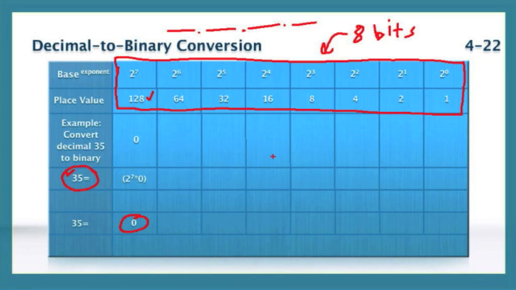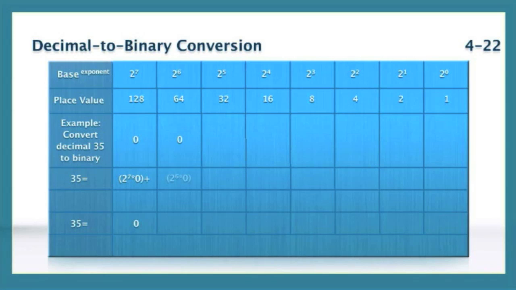That's great. Can we subtract 64 from 35? No. Can we subtract 32? Yes. So notice we have a 1 in this bit position. Can we subtract 16 from the remainder? What's the remainder? Well, 32 from 35 gives us a remainder of 3. Can we subtract 16 from 3? No. So we keep going.